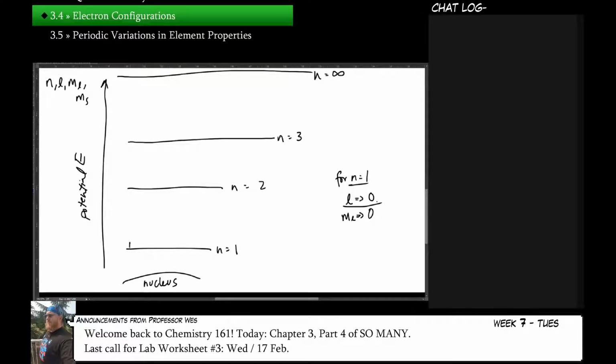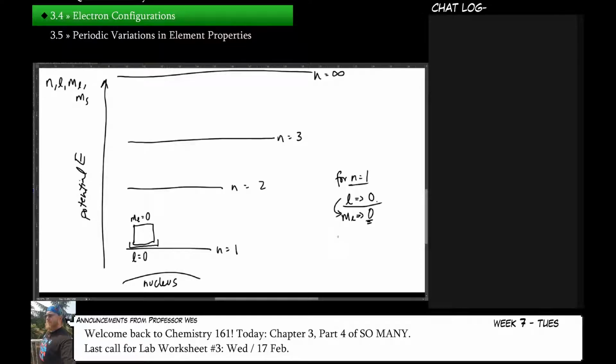So I'm going to make a bin here, and this bin is going to be l equals 0. For each bin, we're going to create our orbitals, a number of orbitals equal to the number of possible values for m sub l. So I'm going to put a box here. That was a little too big. And there we go.